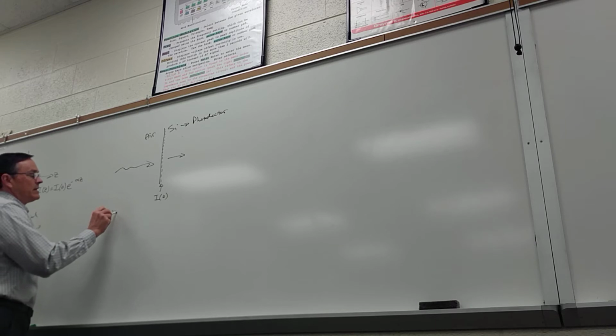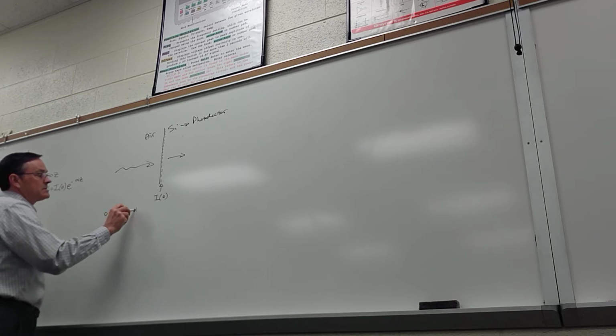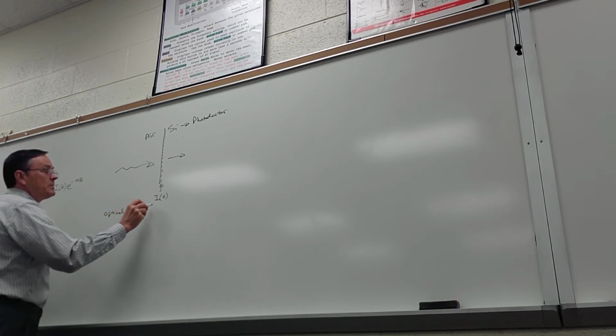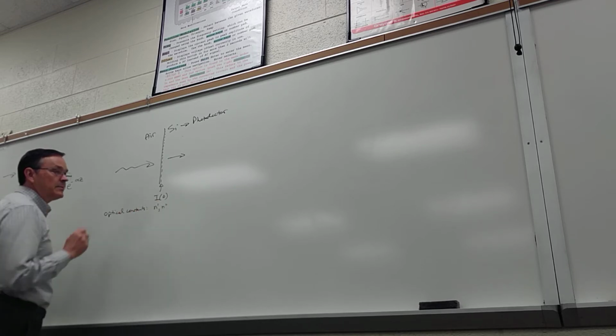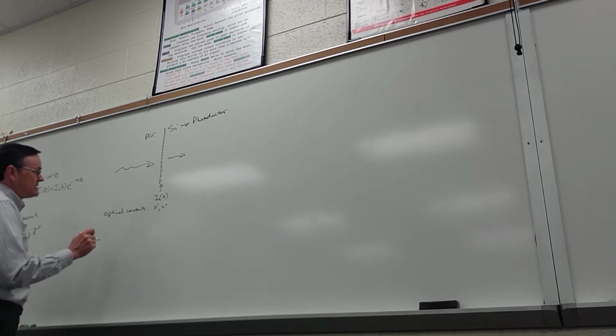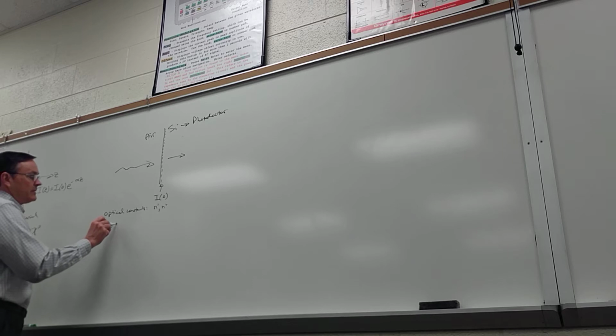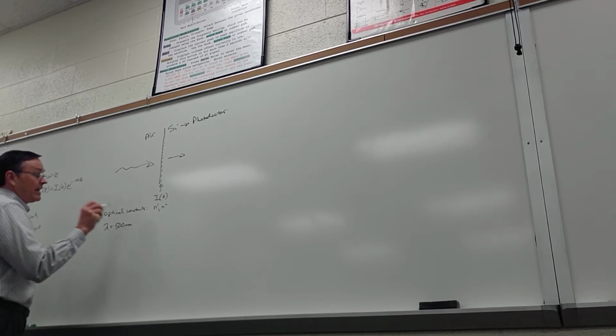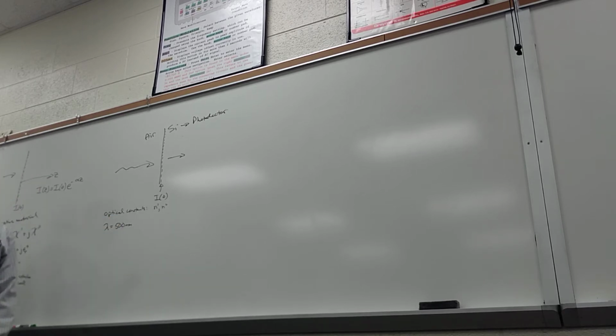So whenever we say optical constants, what we mean is the real part and the imaginary part of the refractive index. Once you have those two things, you've got everything. You can calculate whatever you need. And so for silicon, let's say that we're talking about a wavelength of 500 nanometers, and you always have to specify the wavelength for which you are looking for the optical constants.